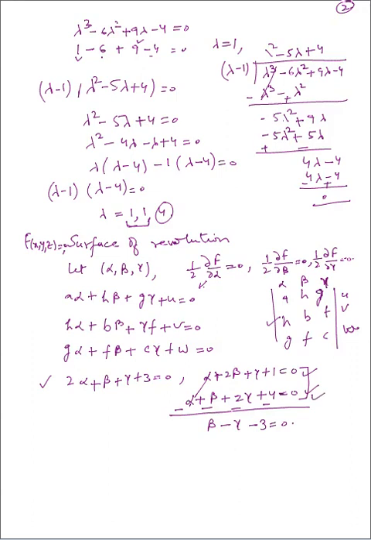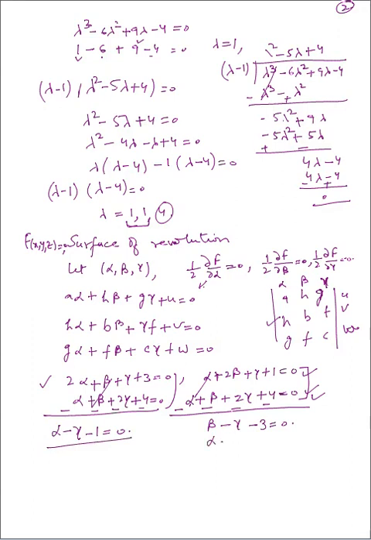So third equation will be alpha plus beta plus 2 gamma plus 4 is equal to 0. We are solving these two. So minus, so this is cancelled out. So alpha minus gamma minus 1 is equal to 0.